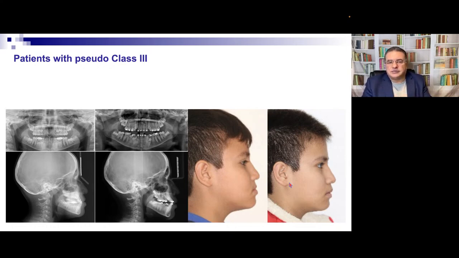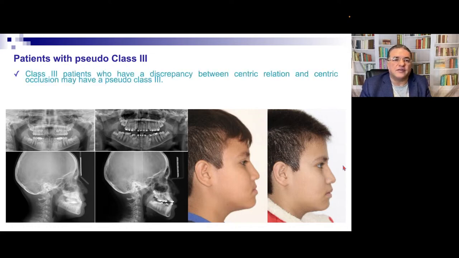We cannot yell victory in these cases. The victory, we will get it when the patient finishes their growth. But I think we can help them a lot. Look how we change the direction of growth. We change the inclination of the upper and lower anteriors, and we can have a lot of changes in the profile of the patient.